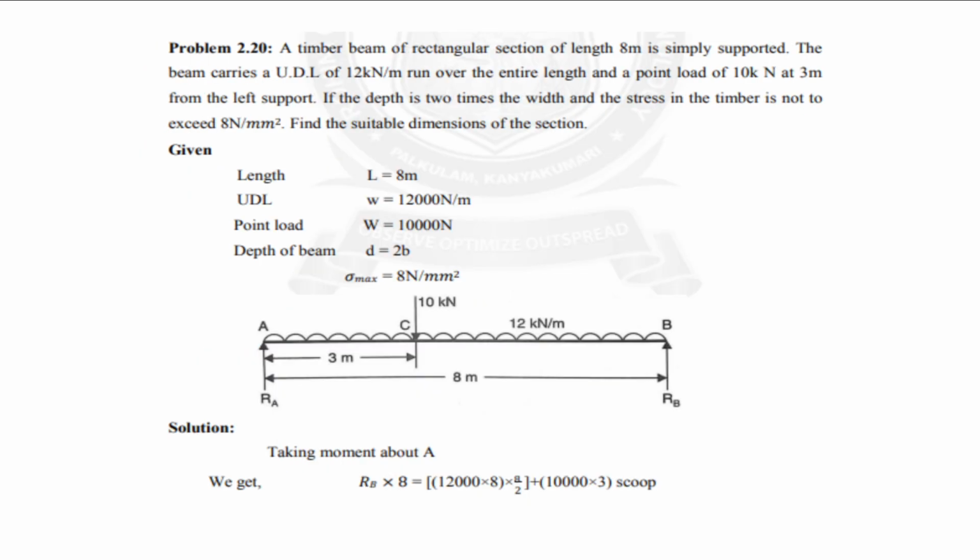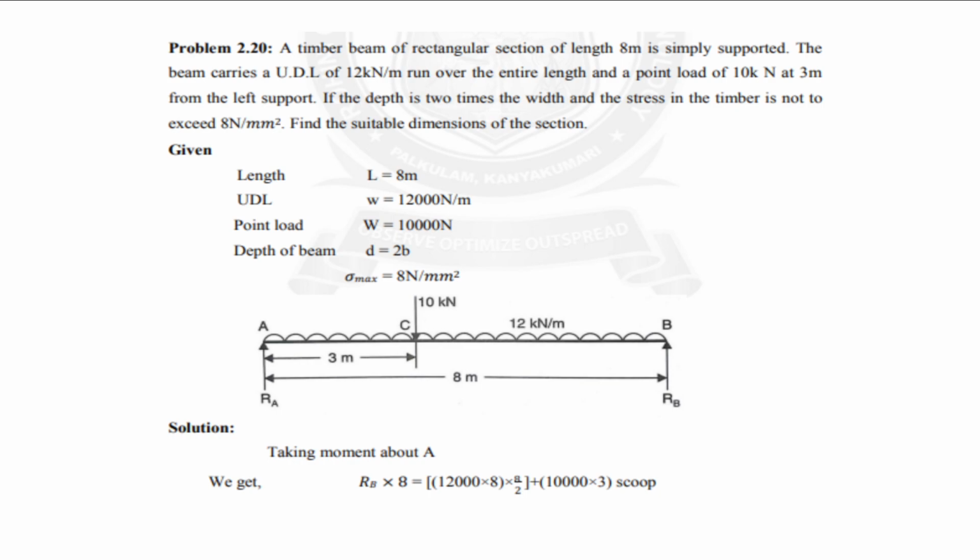And next, second problem. A timber beam of rectangular section of length 8 meter is supported. The beam carries a UDL of 12 kN per meter run over the entire length and a point load of 10 kN at 3 meter from left support.